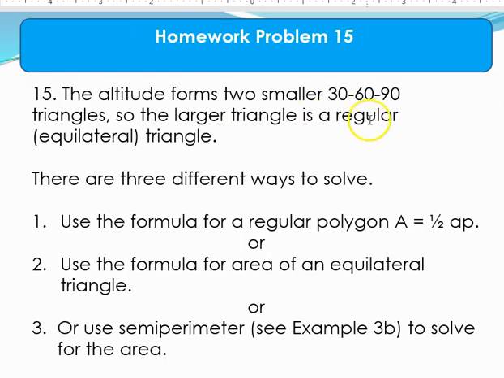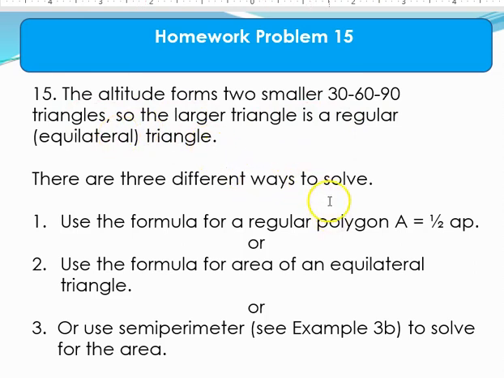Number 15, the altitude as a hint. Number 15 shows you an equilateral triangle where they've dropped an altitude and made two 30, 60, 90 triangles. So the altitude forms two smaller 30, 60, 90 triangles, and that tells us that the larger triangle is an equilateral triangle.